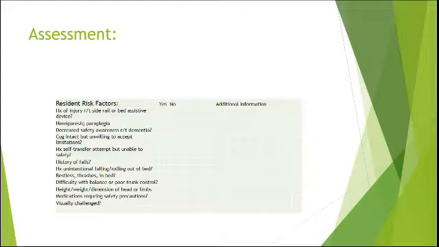Restless thrashing in bed, in terms of potential injuries if their limbs were to come in contact with a bed attachment. Difficulty with balance or poor trunk control: if they got themselves into a certain position and were unable to right themselves, could that lead to entrapment? Again, is their height or weight or the dimensions of their head or limbs different enough to make it significant?